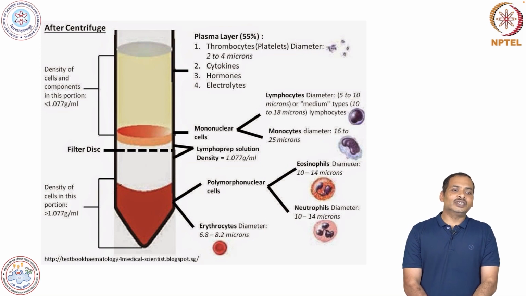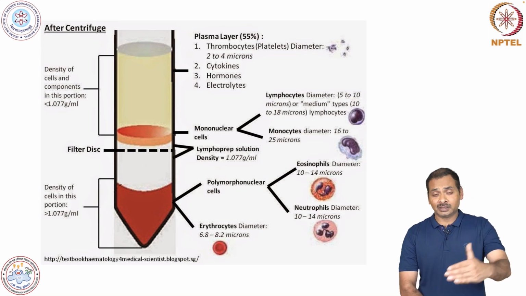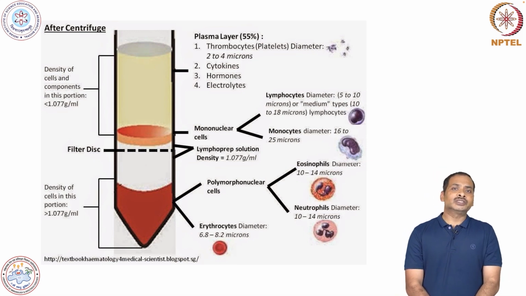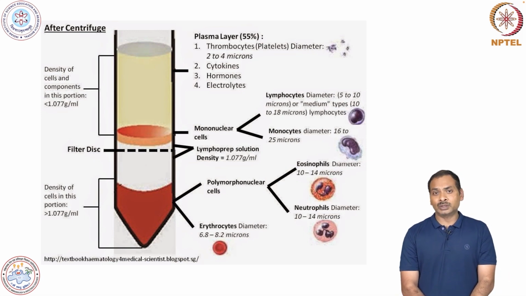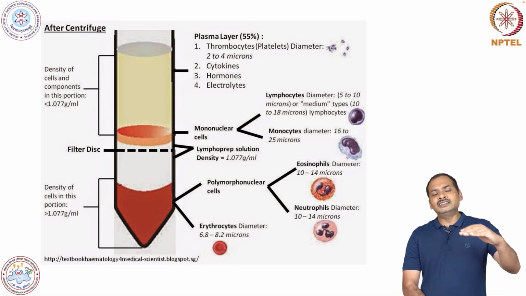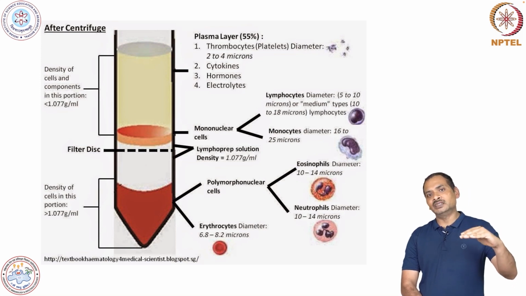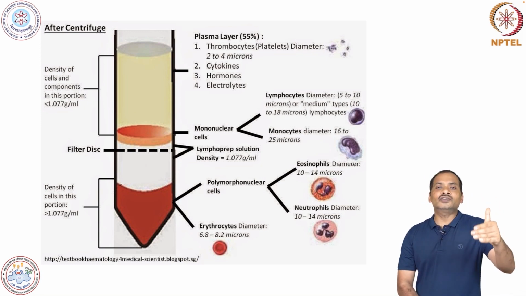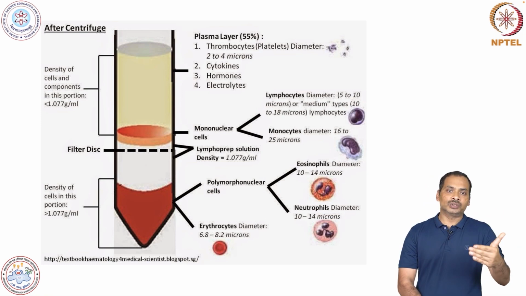The density of histopaque is 1.077 gram per ml, and the density of these PBMCs matches with that. That's why they are separated. And why did the RBCs go down? Because the density of RBCs is more.